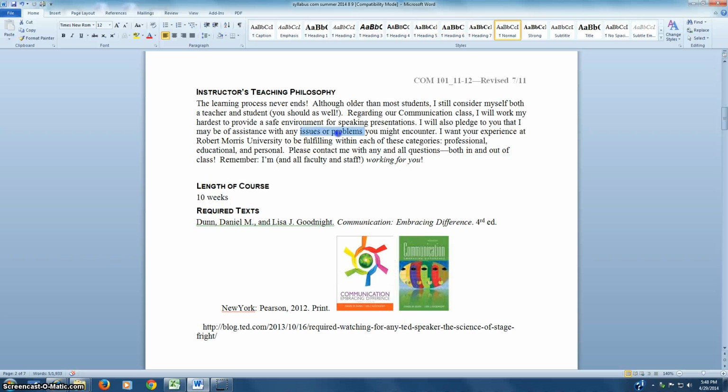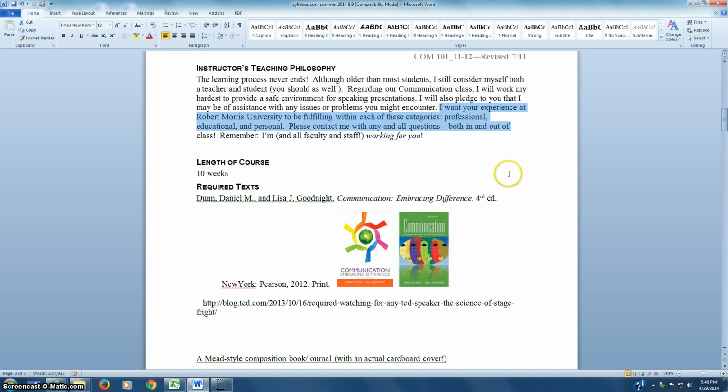It's a very safe environment that we have in our communication class. We want your experience here at Robert Morris to be good personally, professionally, and educationally. If you play along and buy into what we're selling here, you'll realize that we can assist in all three of these categories.